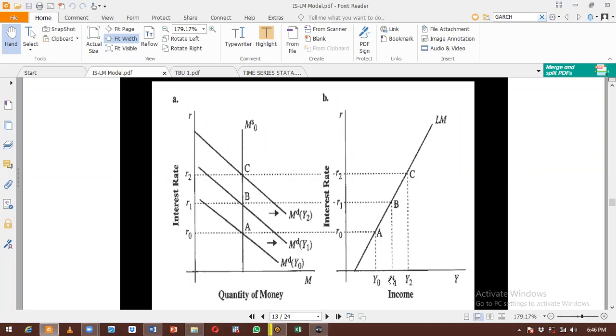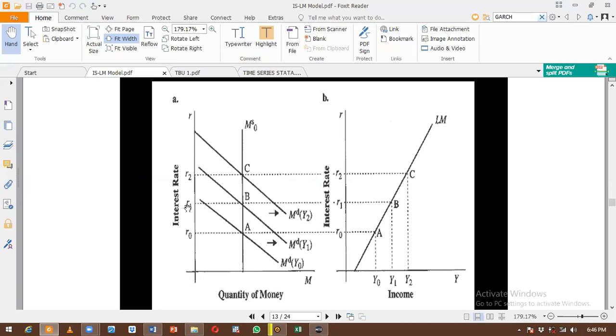Now, just assuming we increase the income level from Y0 to Y1, there's going to be a disequilibrium in the market, because this is where the equilibrium was. Because of the increase in income, there's going to be an increase in money demand, so the money demand curve will shift upwards. Before equilibrium can be restored, the interest rate must rise from R0 to R1.